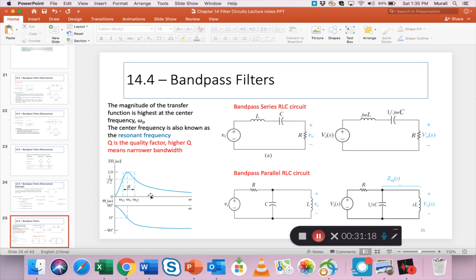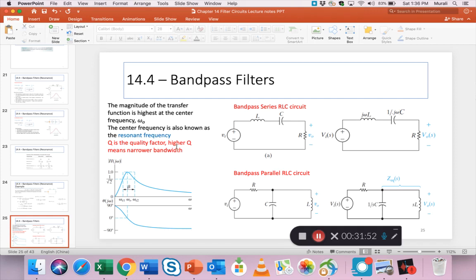In the graphs on the left side, you pretty much know now that there is a center frequency, a bandwidth, and a half power point, or 1 by root 2 voltage drop point. And then the phase also starts to drop. The phase is 0 at omega 0, and then it drops from plus 90 towards minus 90 asymptotically.